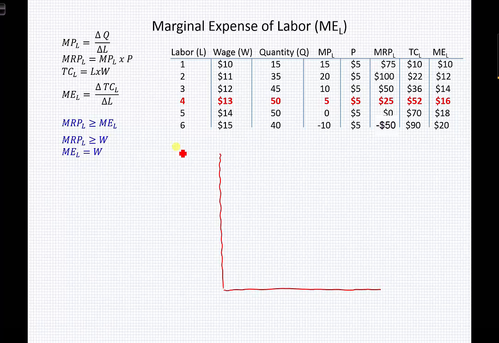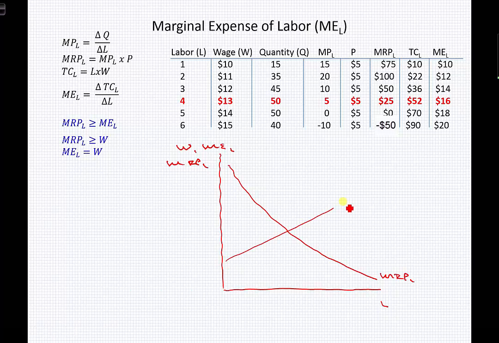So we again have wage, or we have marginal expense of labor, or we can say marginal revenue product of labor on the y-axis, some labor on the x-axis. We've already identified that we have some marginal revenue product of labor relationship that looks like this. But now we have to think, what does this marginal expense of labor look like? Well, it starts at 10 and goes to 20 as labor goes from 1 to 6.